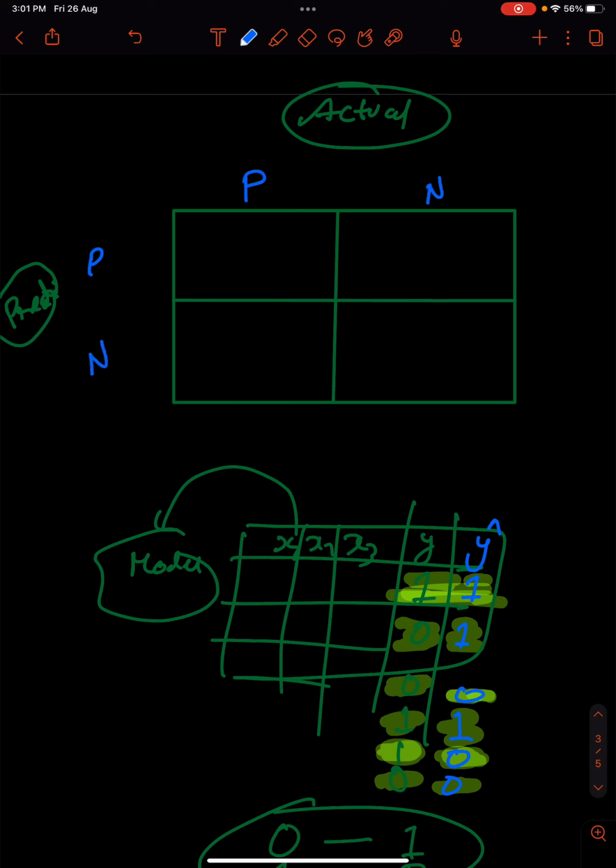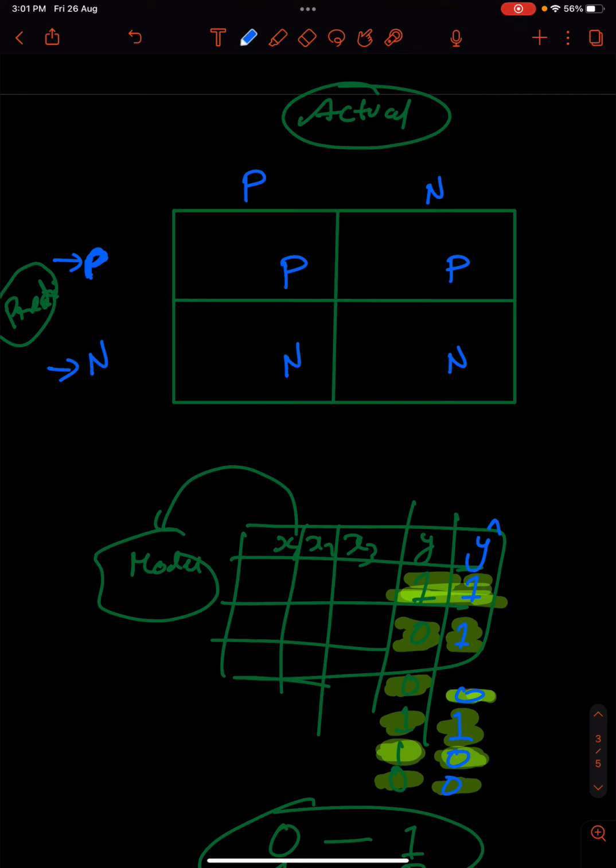I know that the model has predicted positive for these 2 records, so I will put here as positive, and here also as positive. And I know the predictions here are negative, so this is negative and this is negative. This entire row belongs to predictions that are of negative class.